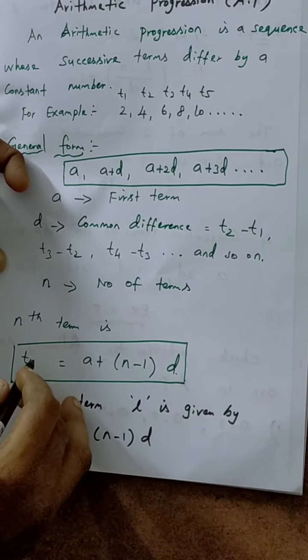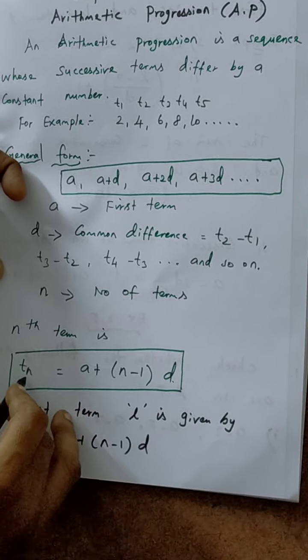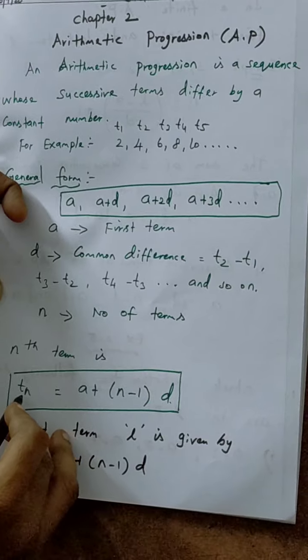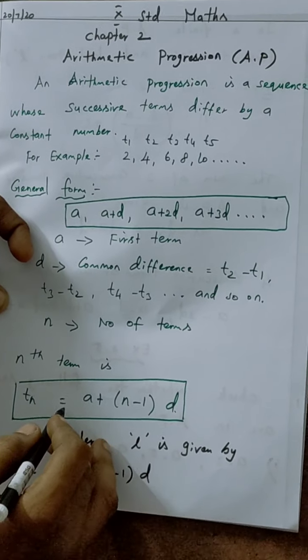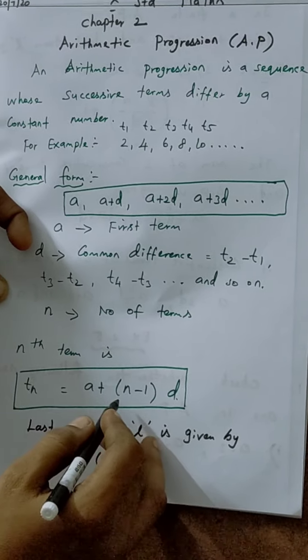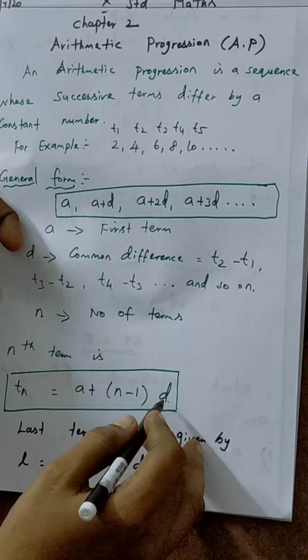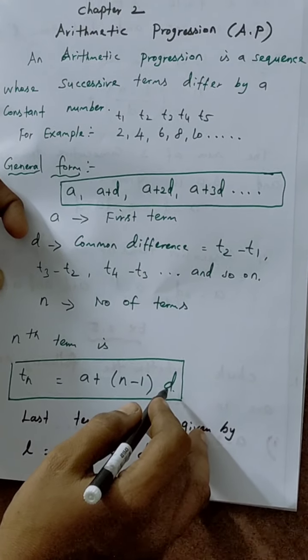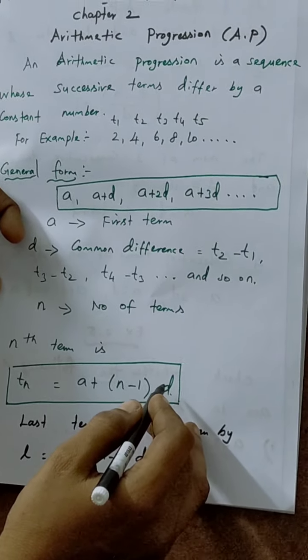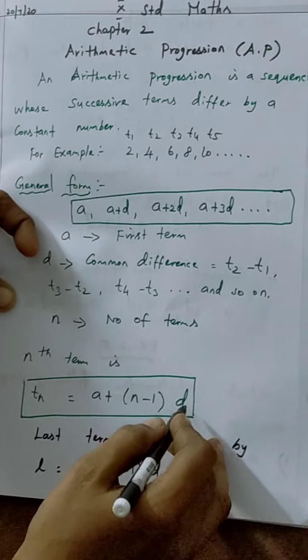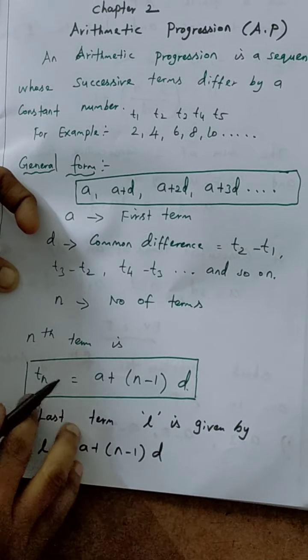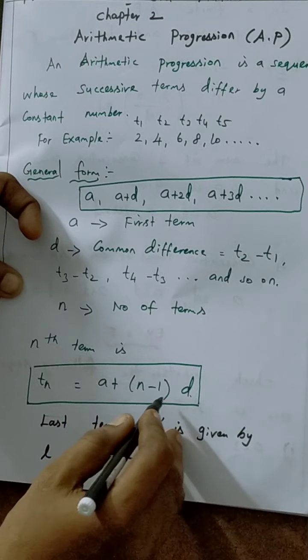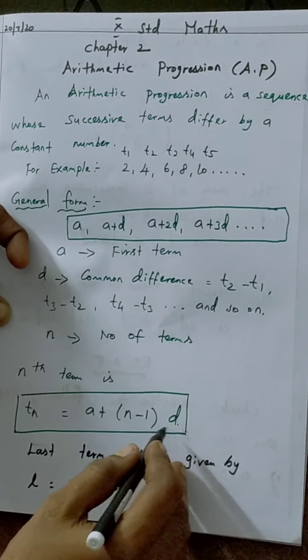Suppose you find T50, then n equal to 50 only. Here a is the first term, n is the number of terms and d is the common difference. Common difference means you subtract the first term from the second term. Okay, so Tn equal to a plus n minus 1 into d is the nth term formula.